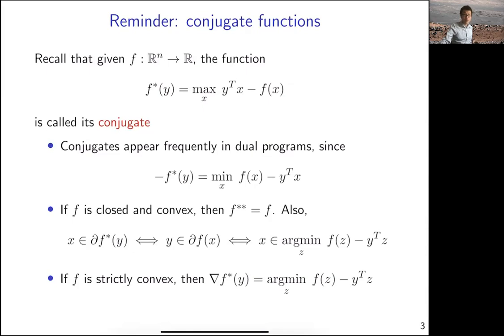So I hope these concepts are still not too foreign to you after a few weeks of working on something else. Okay, so let's go over this slide. For any function f, we can define its convex conjugate or Fenchel conjugate using this formula. Okay, so when this function f is also convex, then f star's conjugate will give you back f.